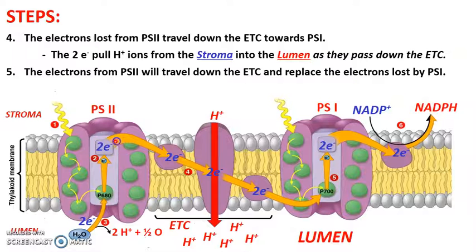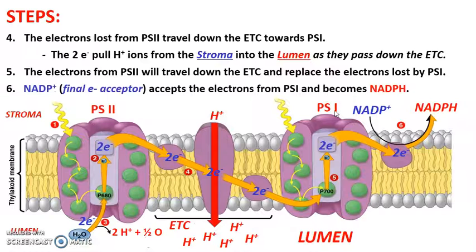And as these 2 electrons from PS2 move down the ETC, they will replace a pair of electrons that are also getting lost by PS1. And then finally, for step 6, all right, NADP plus you see flashing is going to be the final electron acceptor. Eventually, the flow of electrons has to cease.